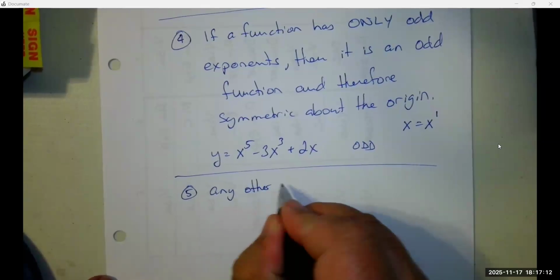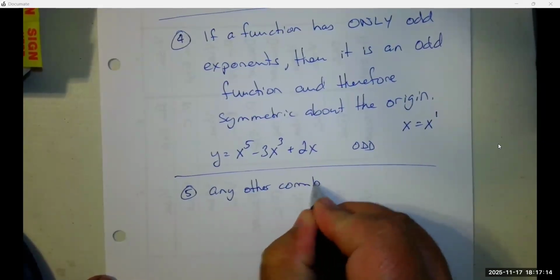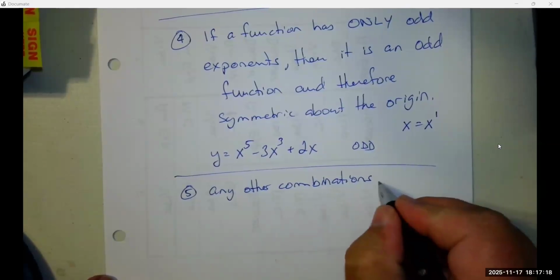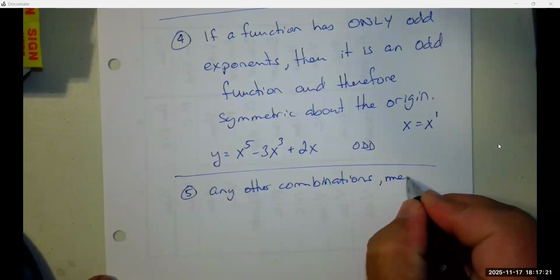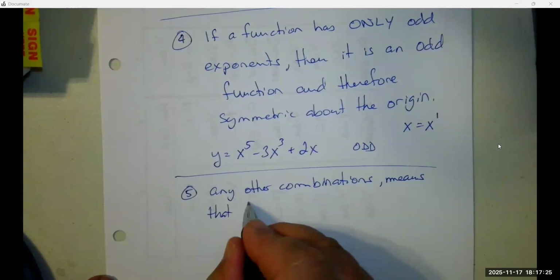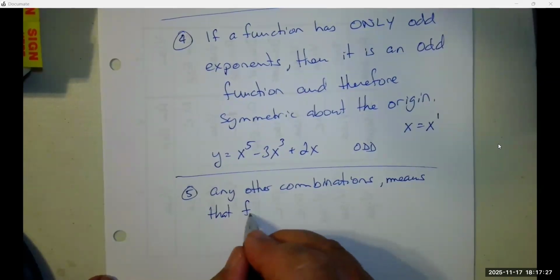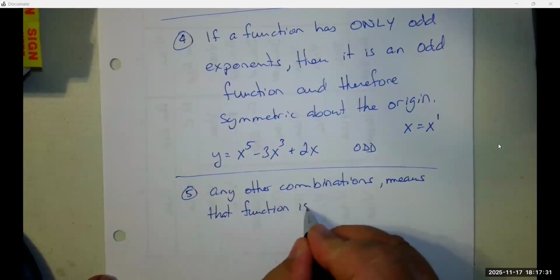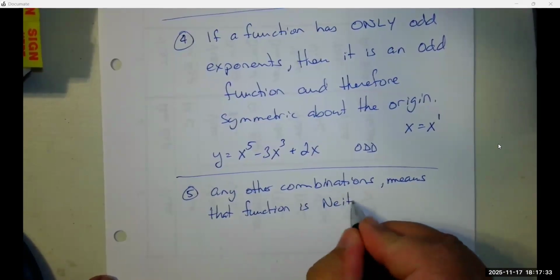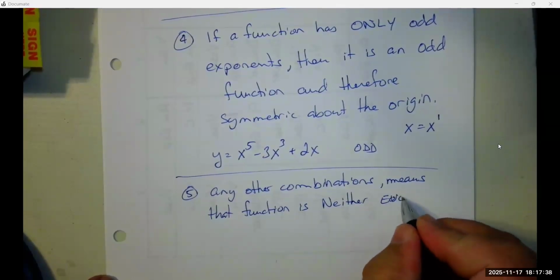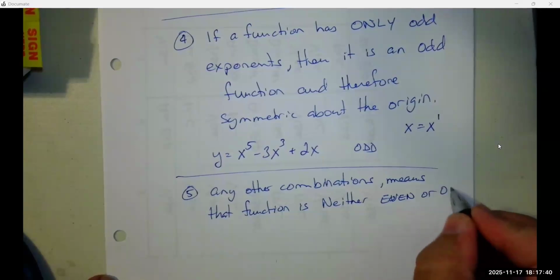Any other combinations means that the function is neither even or odd.